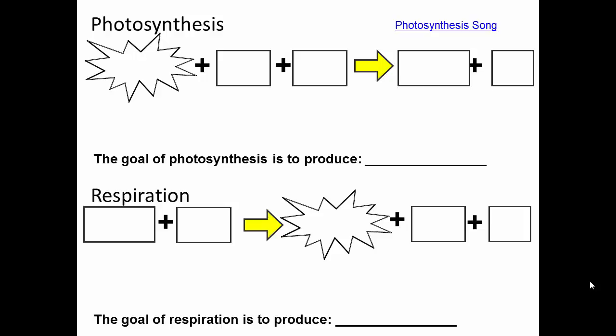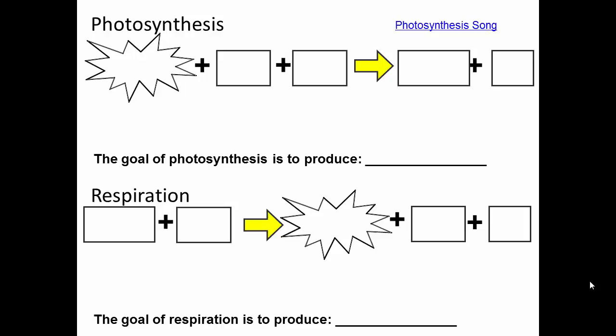Okay? Although we know all living things need energy, that's why we eat things, but plants don't eat anything. But they still do need energy. They need a source of energy. And so the way that they're able to do that is through this process that we call photosynthesis. Okay. Photo means light.